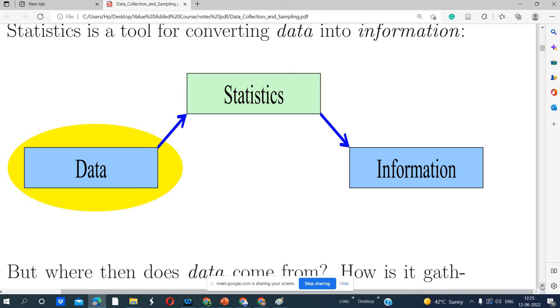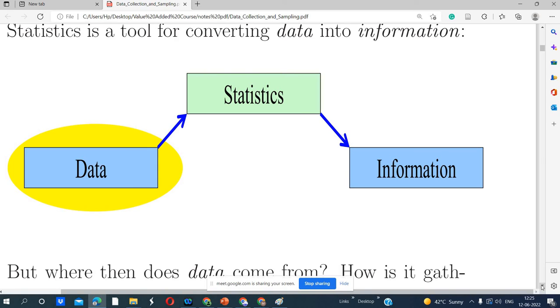Before going to the market, you don't know which one will be the suitable market. Suppose you ask your friend which market can be suitable to purchase this kind of dress. So you apply statistics. You collect the data from your friends, and on the basis of that you apply the statistics. What kind of statistics?